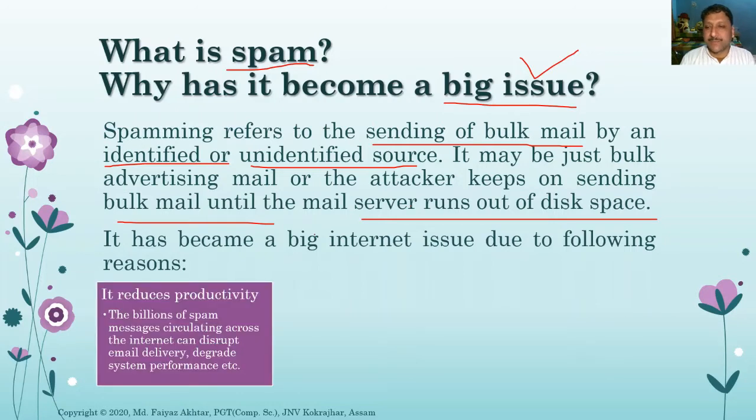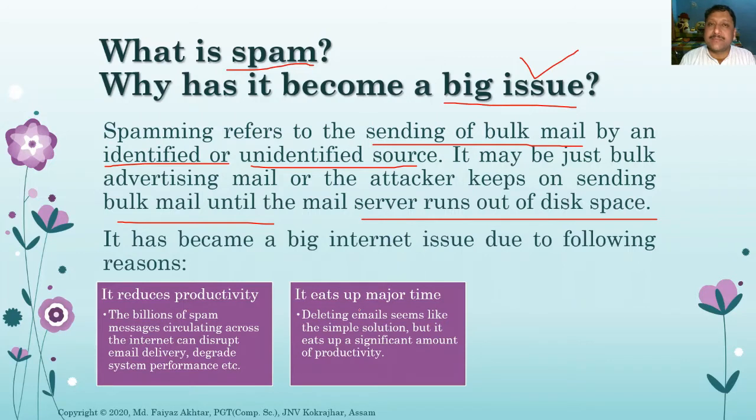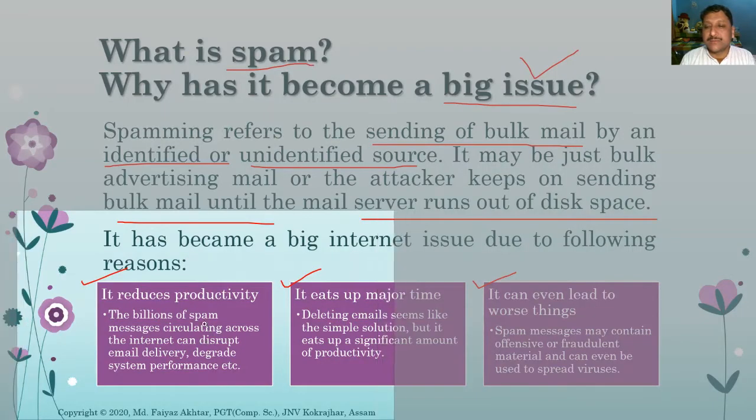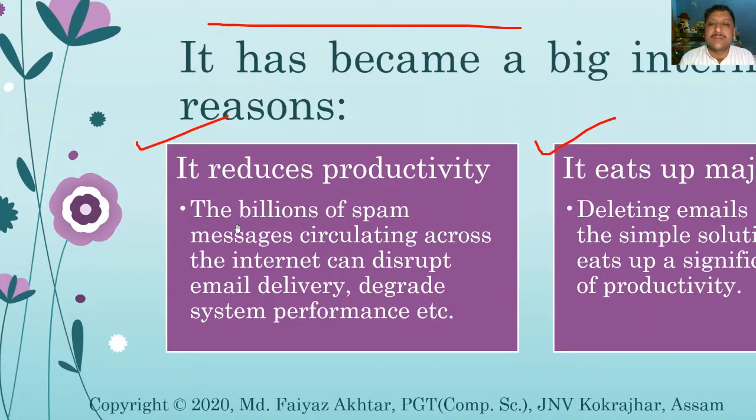See here. It reduces productivity, it eats up major time, and it can even lead to worse things. Reduces productivity means your productivity will be reduced. The billions of spam messages circulating across the internet can disrupt email delivery and degrade system performance also.